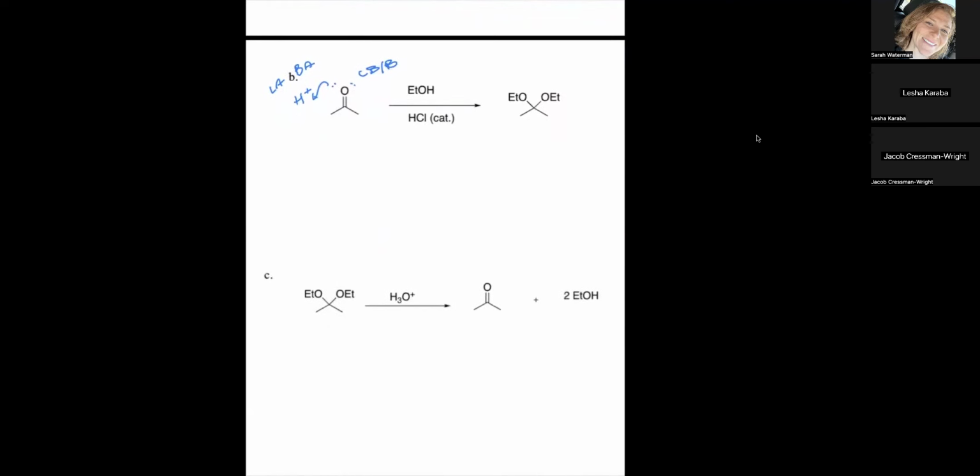Please don't forget Lewis acid, Lewis base. I don't always do them, but it's good practice. So again, we have OH, and then our OEt is going to come in here.